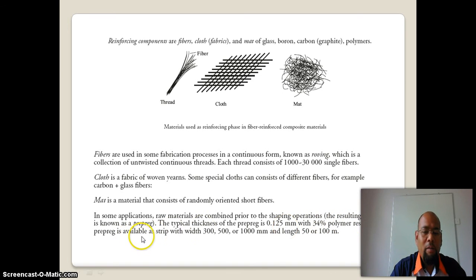The pre-preg is available as a strip with a width of 300, 500, or 1000 millimeter and a length of 50 to 100 meters. By having this pre-preg, we can skip the hassle of mixing the resin and applying it on the cloth, meaning we can straight away use this pre-preg material and then cure it later on.